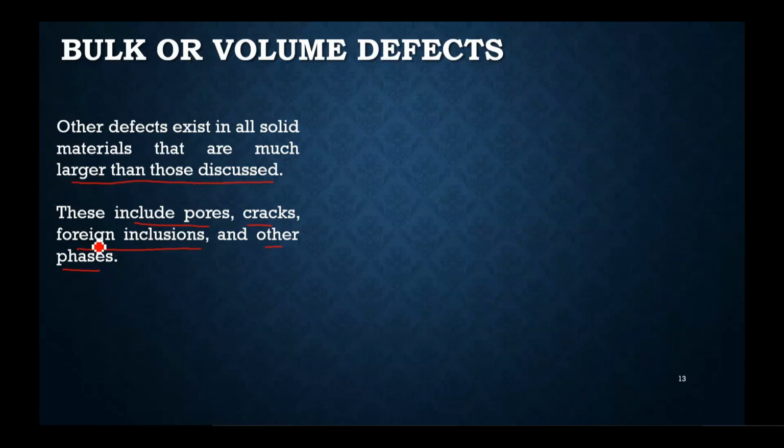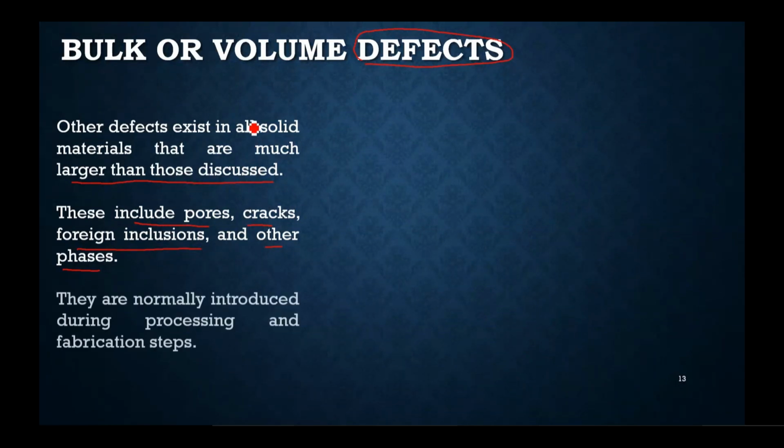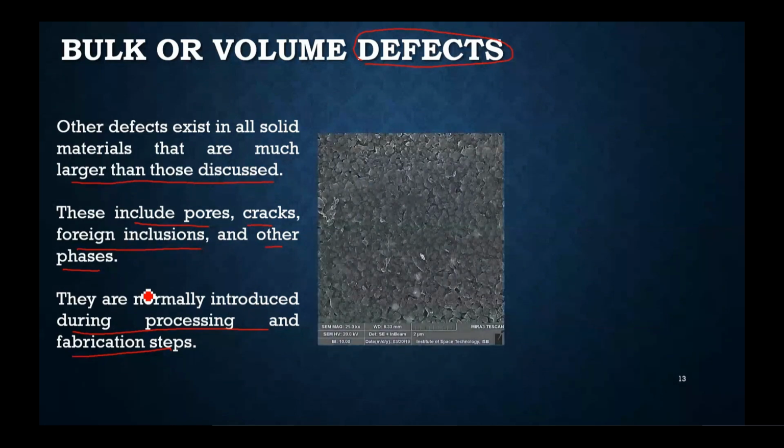Now, as I mentioned, the term defect is not necessarily a disadvantage in materials. For example, the image that I'm about to show you is an electron microscope image, and it shows that certain defects are introduced during processing and fabrication steps in order to have the desired properties. For example, this is an electron microscope image of an alumina plus CNT membrane.